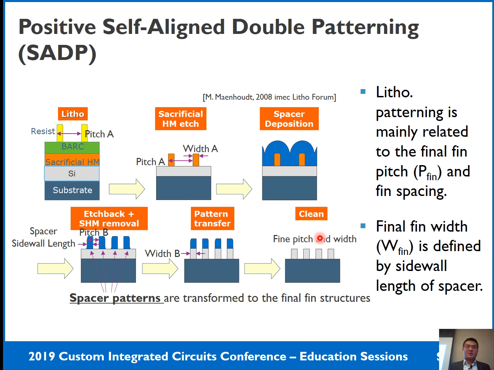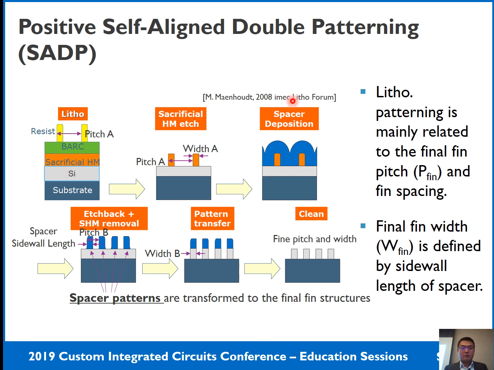three process options. The first one is the positive self-aligned double patterning. The litho pattern is not related to your final fin width. It will only be related to your final fin pitch or final fin spacing. The litho pattern only transfers to the sacrificial hard mask.